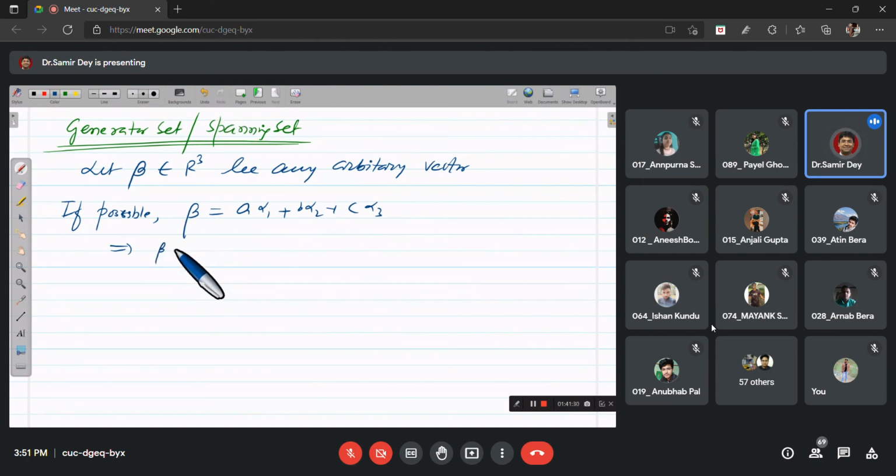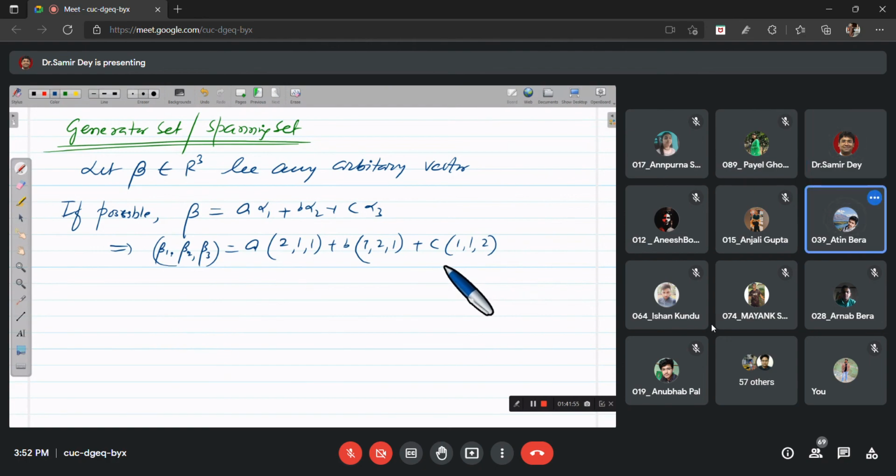Beta is a vector, so that means there are 3 components: beta 1, beta 2, beta 3.